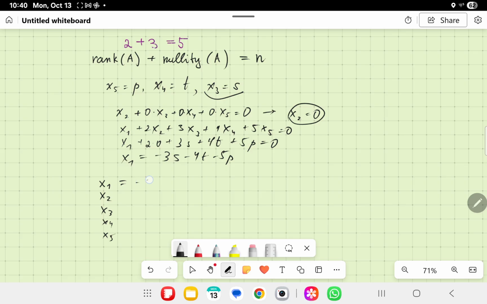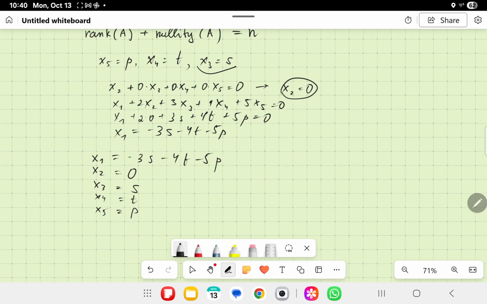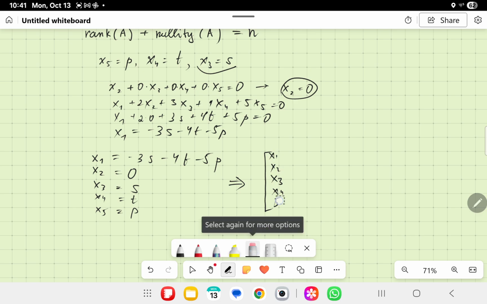So x1 is minus 3s minus 4t minus 5p. x2 is 0. x3 is s. x4 is t. And x5 is p, right? Now I'm going to write it down as a vector.